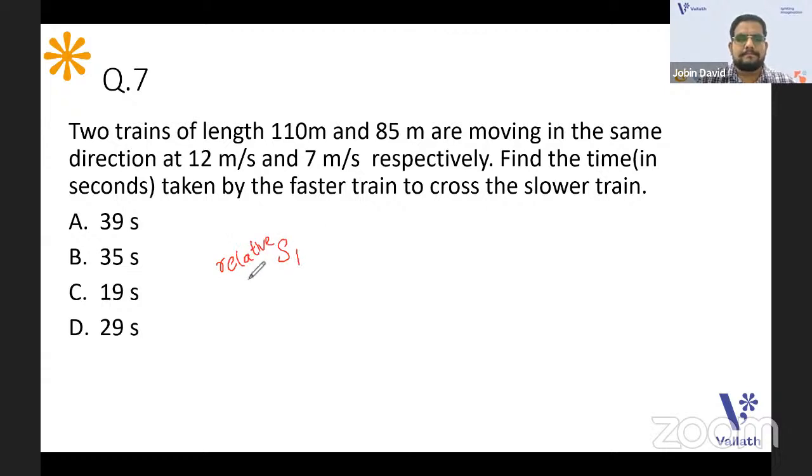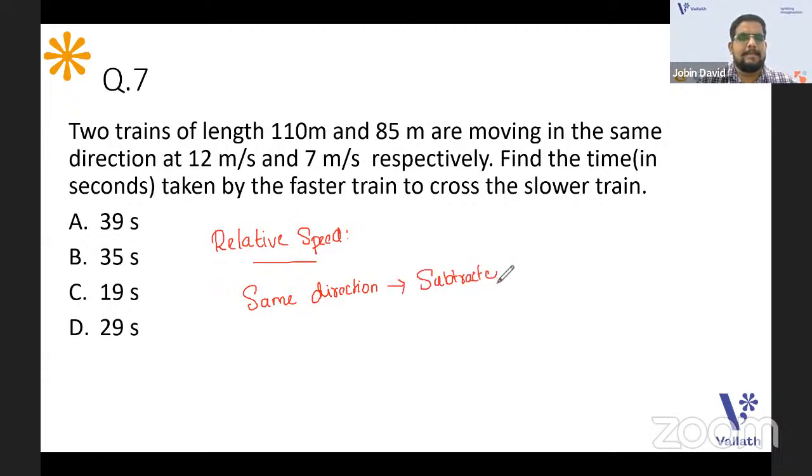You have a term called relative speed. In here, there are two trains, and the relative speed depends on the direction. When it is moving in the same direction, the speeds should be subtracted.